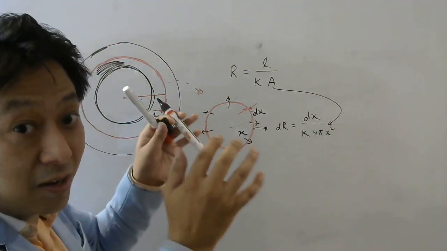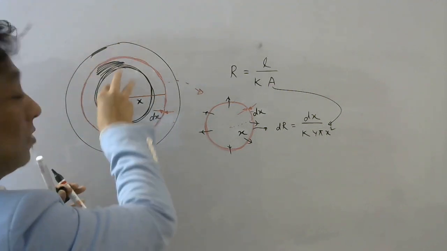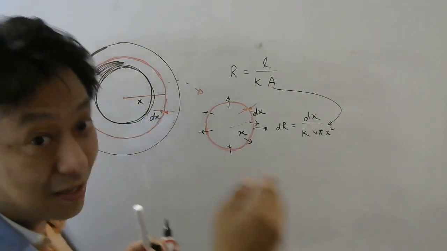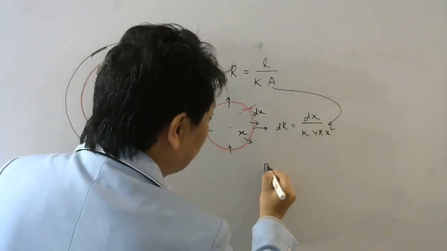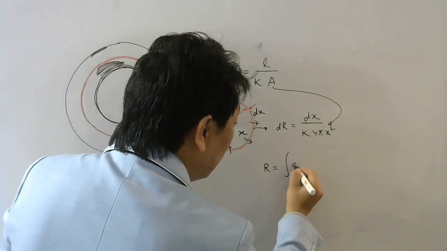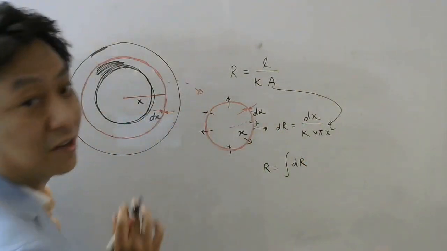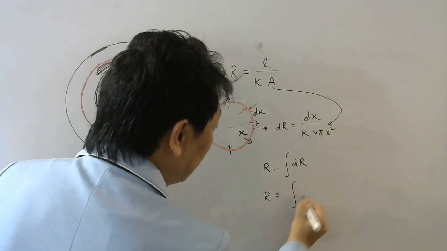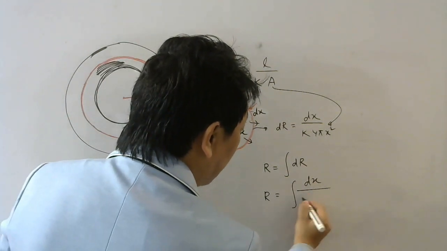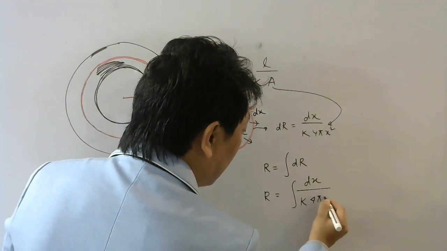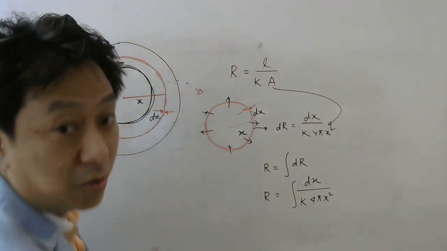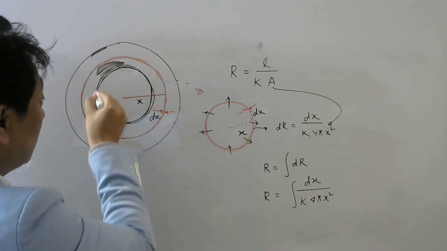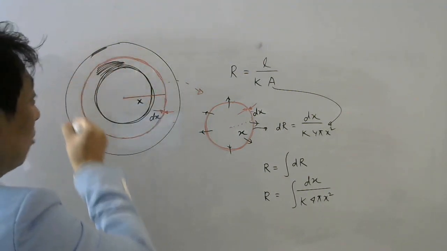Since the same heat is coming out, all these portions are in series. So the total resistance can be found by integrating this small resistance, isn't it? So that will be R equal to integral of dx divided by k 4 pi x square, where the integration variable is x. And we have to start, remember, from this inner shell till we reach this outer shell.